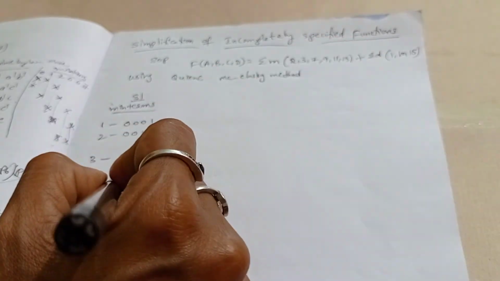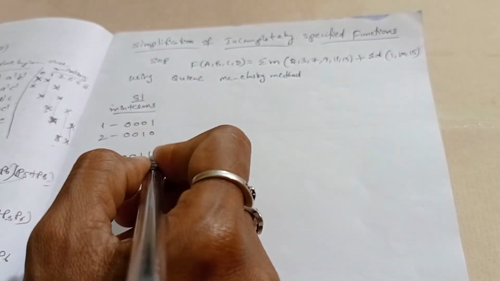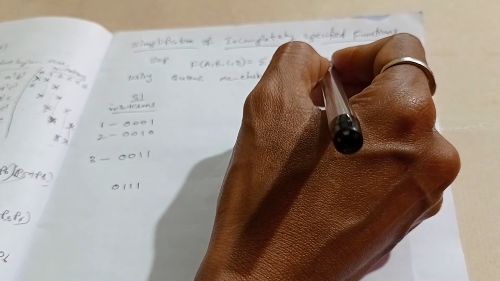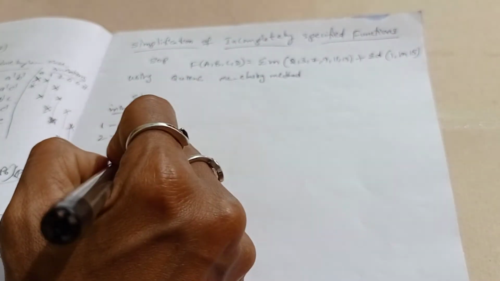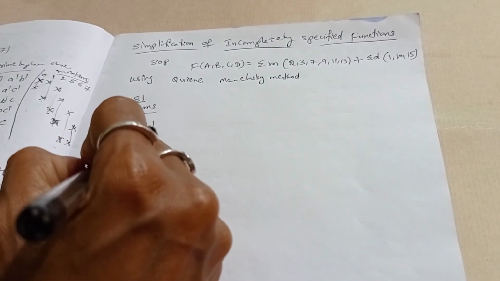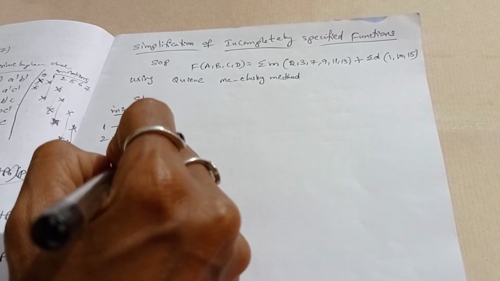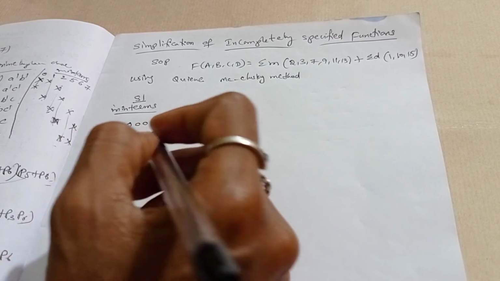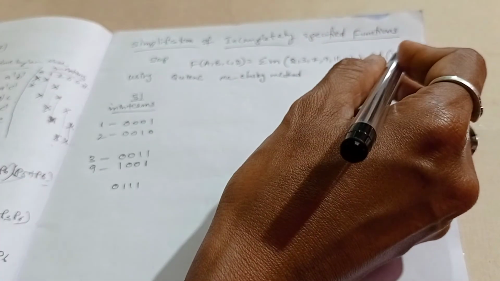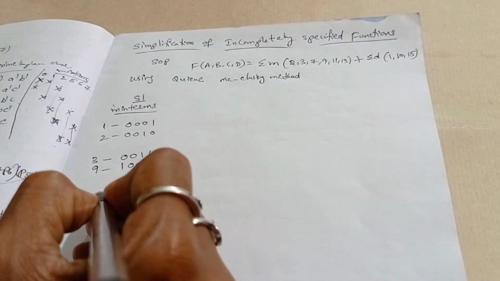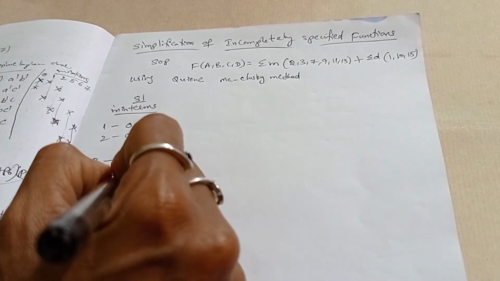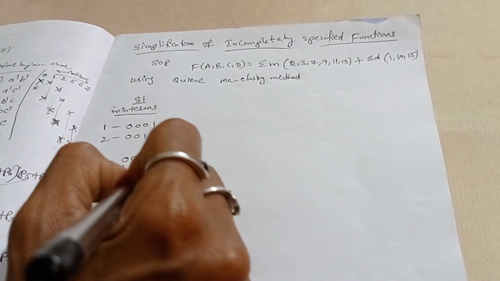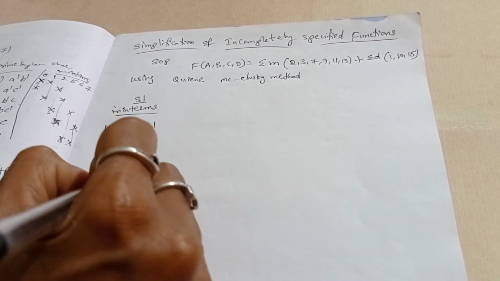Next 7 is another group, 0, 1, 1, 1, because it has 3 ones. 9 has 2 ones, so 9 is considered in the second group, that is 1001. 10 is 8 plus 2, 1010.